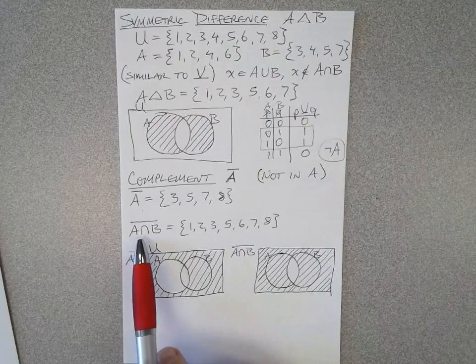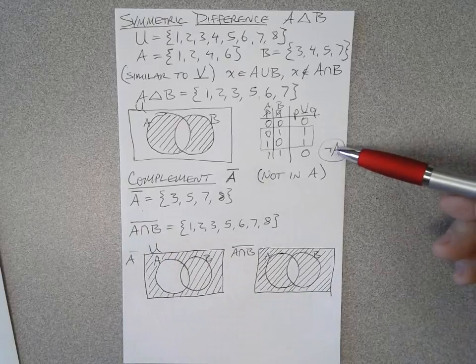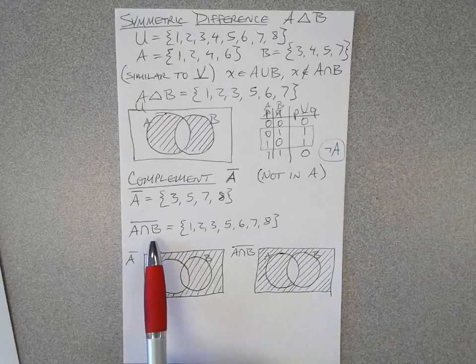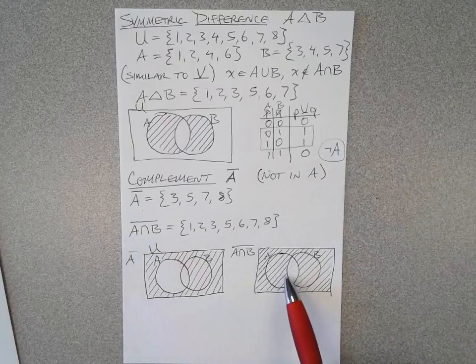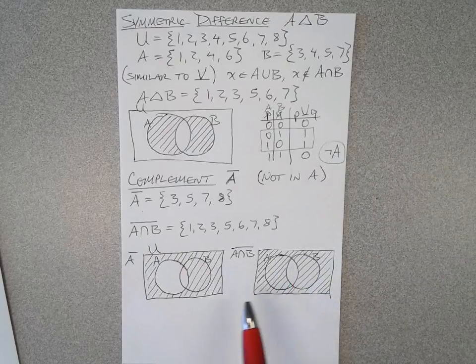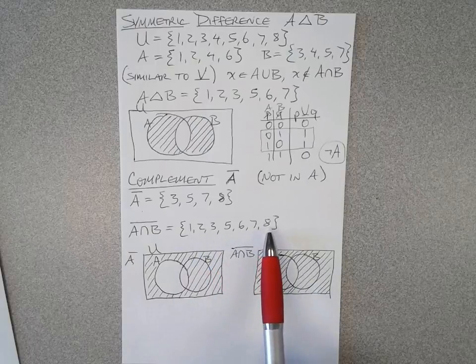So when we're trying to identify the complement of the intersection, what we're looking at is everything that's not in the intersection. Again, similar to what we looked at with logic. So everything that's not in this overlapping region here. So all of the stuff out here, and you'll remember that's 1, 2, 3, 5, 6, 7, and 8 as well.